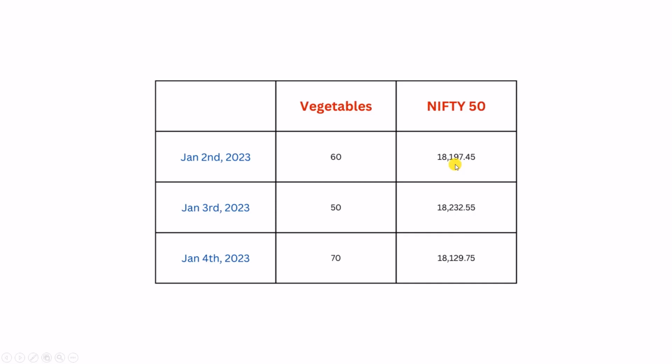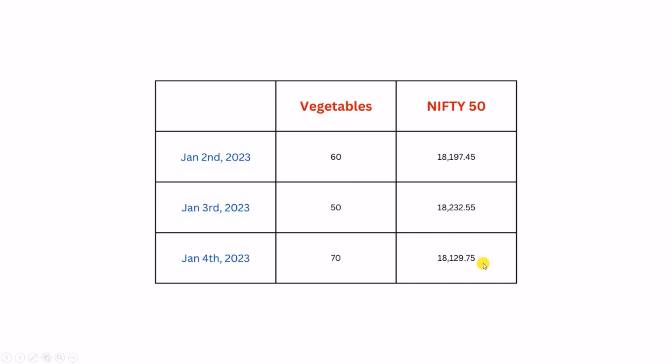This index gives you an idea of how the price of stocks in the market is moving. So on Jan 2nd it was 18,197, on 3rd it has increased to 18,232 and on 4th it has decreased to 18,129. So you can see how the price of stocks is moving.